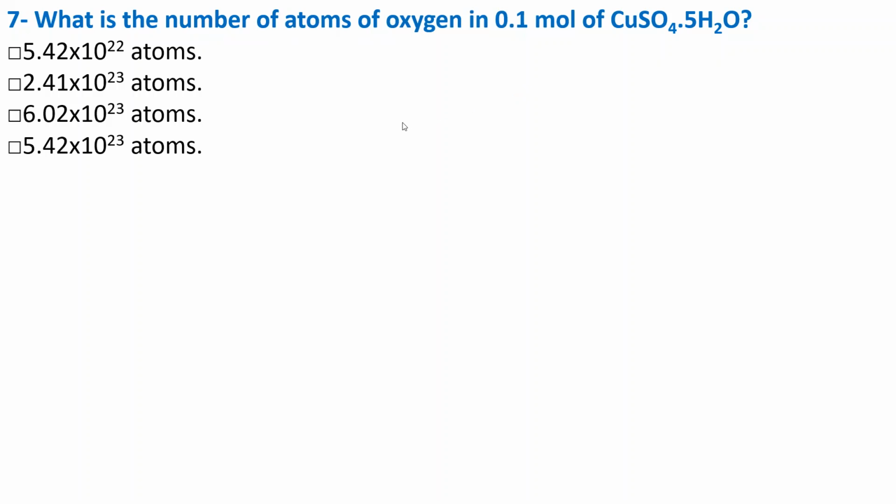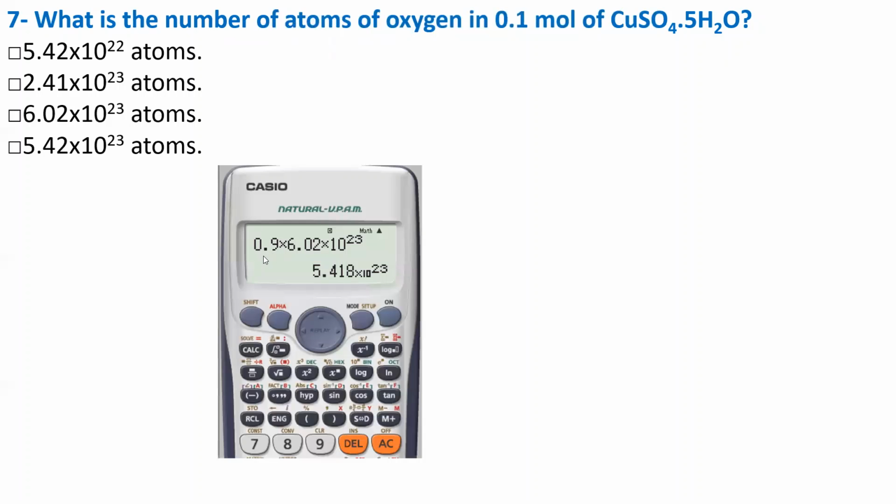By Avogadro's number we get atoms. So 0.9 times Avogadro's number equals 5.4 times 10 over 23. So the answer is the last one. Take care that here 22 and here 23, so we choose D.